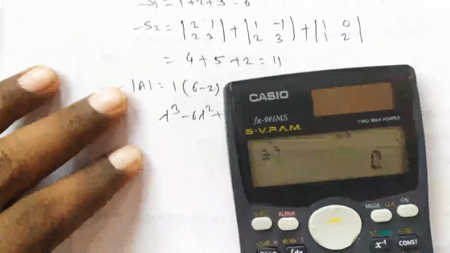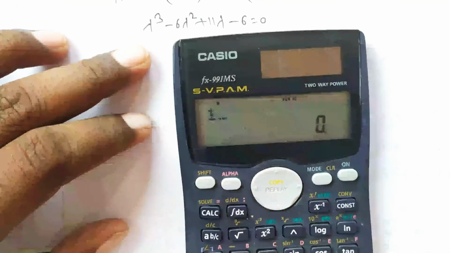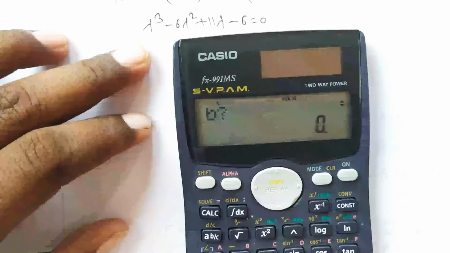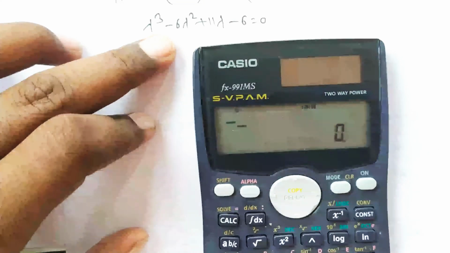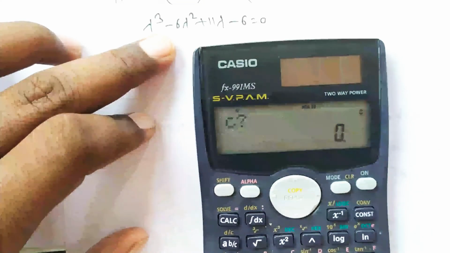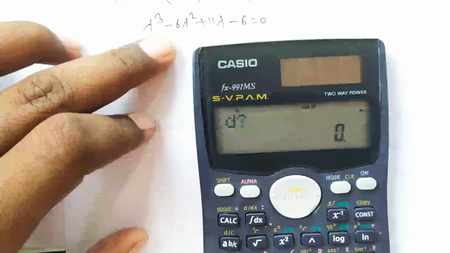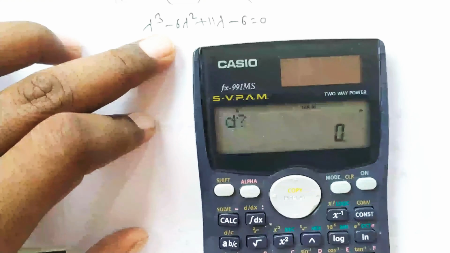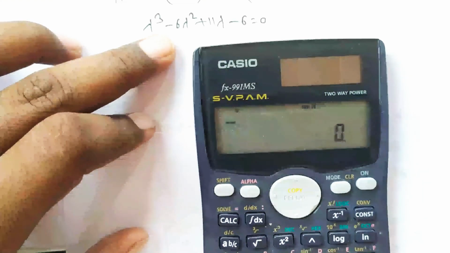So A means the coefficient of lambda cube, press 1, then press equal. B means the coefficient of lambda square, which is minus 6, then press equal, then the coefficient of lambda is 11, then press equal, then the value of D is minus 6.